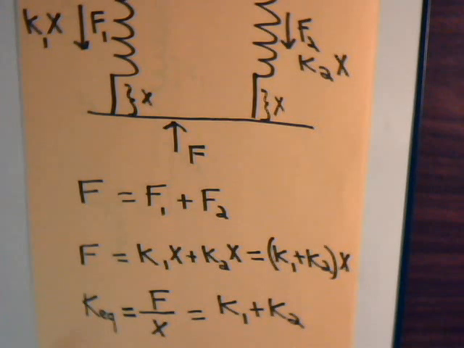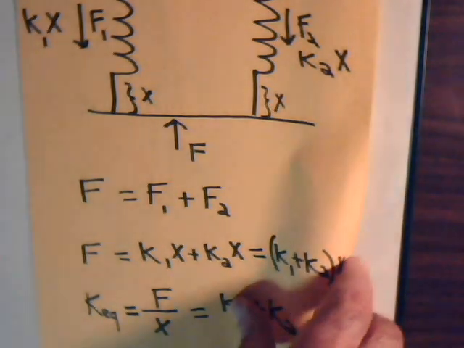And that spring constant for the entire system we call K equivalent, and then clearly that will just equal K1 plus K2. So when springs are in parallel, then their individual spring constants just add up.